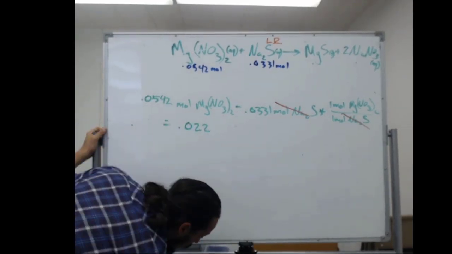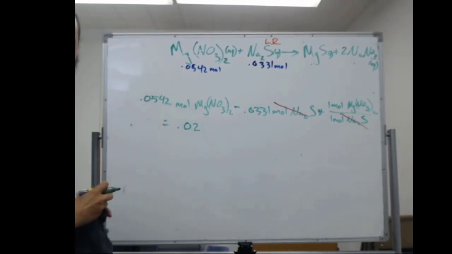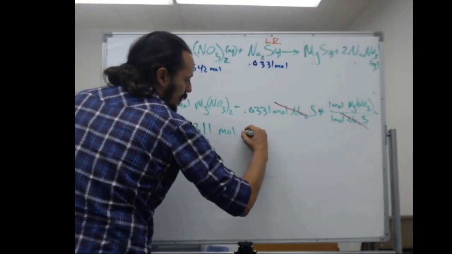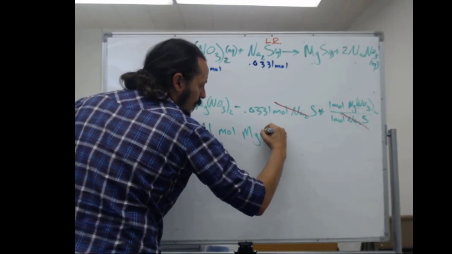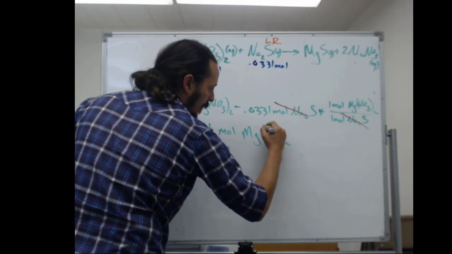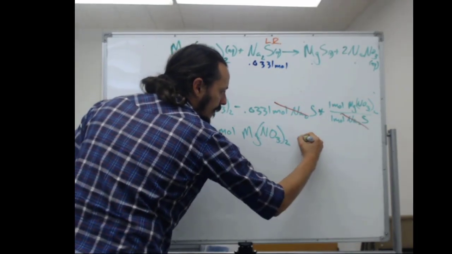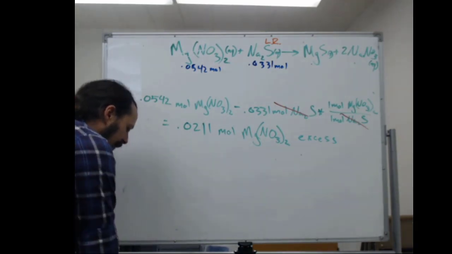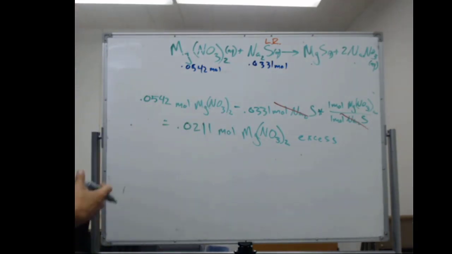Math is hard, even when you already have the answers. And just so I don't lose track, I like to label it as moles of magnesium nitrate excess.